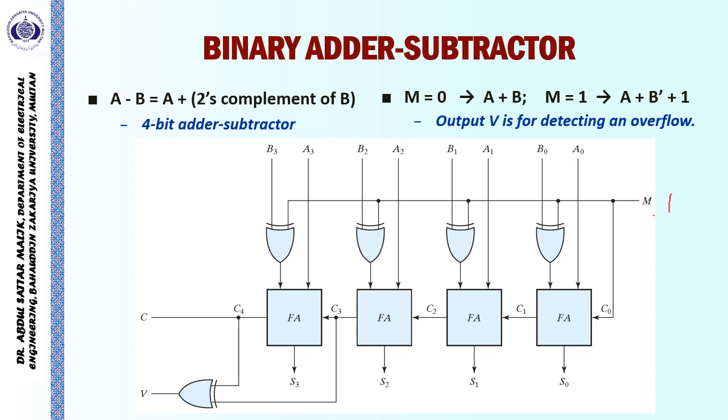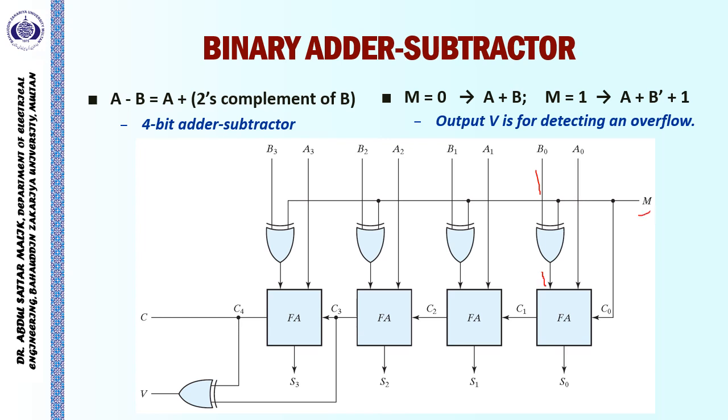Now when M is equal to 0, we can very easily see that if the bit B0 is 0, then the result over here will be 0, and if this bit is equal to 1, then the result will be 1.